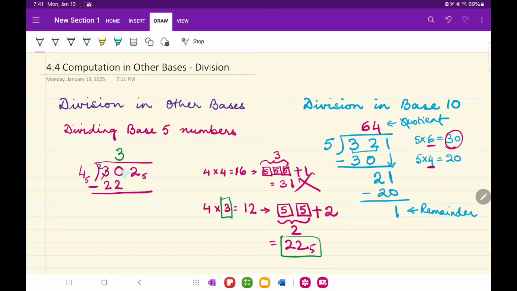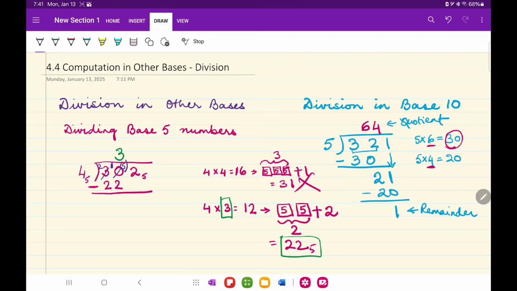When we give 1 bundle here, it's actually a bundle of 5s, correct? Base 5, there were bundles of 5. So when we do the subtraction, we are actually subtracting from the unbundled pieces, which is 5 minus 2.